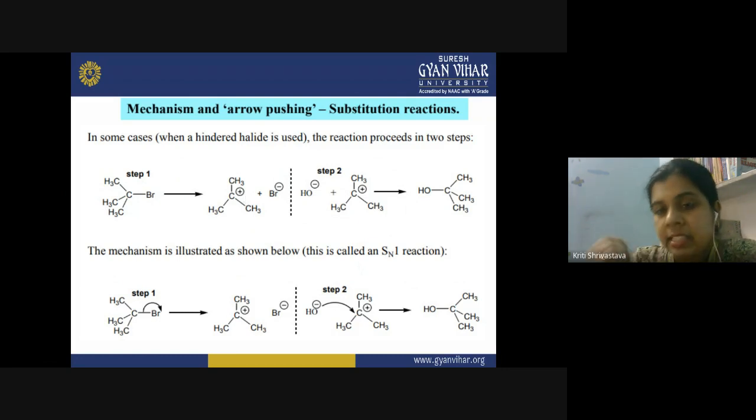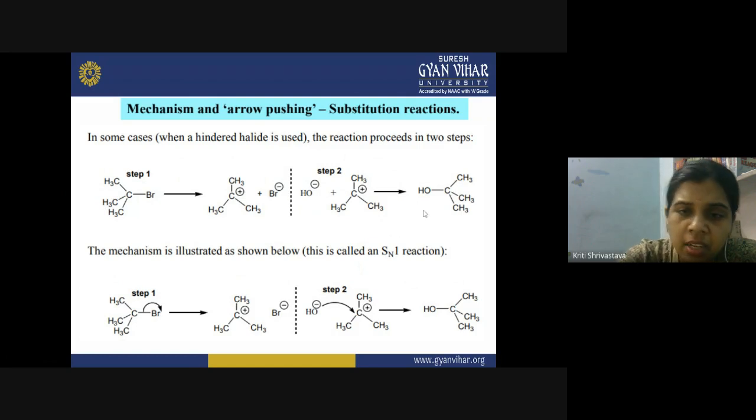Now one place is vacant. This was the first step, the removal of the bromide. In the second step, because the carbon atom is now in a planar structure, from any side, from above the plane of the molecule or from below the plane of the molecule, the hydroxide can attack. In the second stage the substitution reaction is complete, and you get a substituted product.